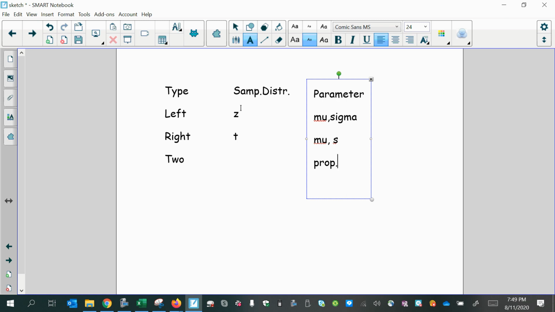And the sampling distribution can be merged with this because if it's a claim about a mean with sigma known, it'll be a Z distribution. If it's a claim about a mean with sigma unknown, it'll be a T distribution. And if it's a proportion, it'll be a Z.